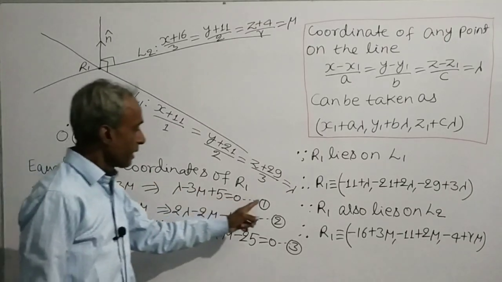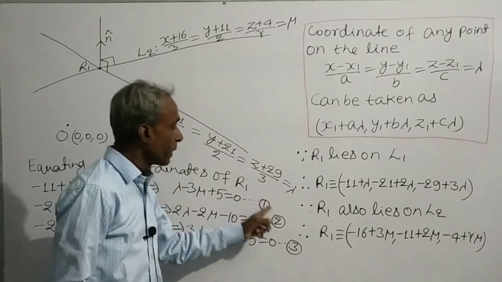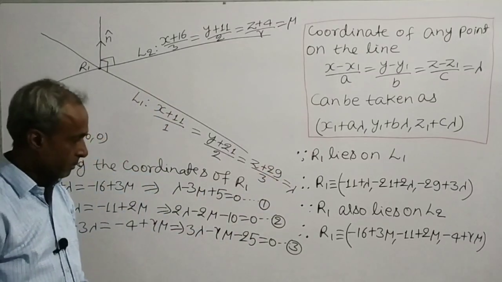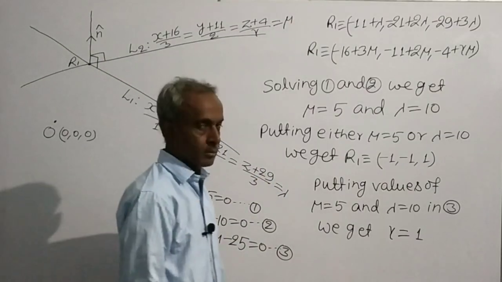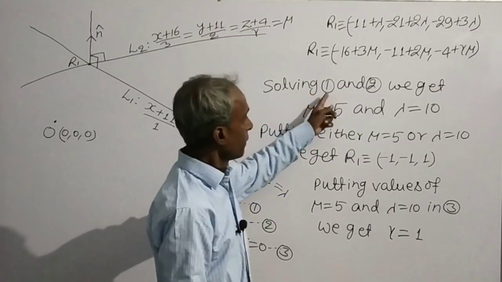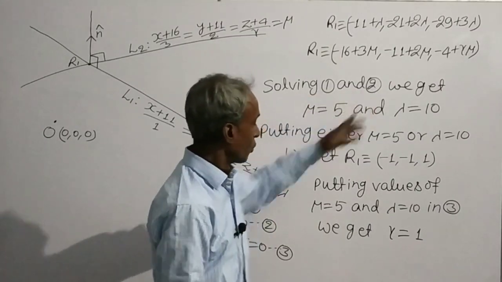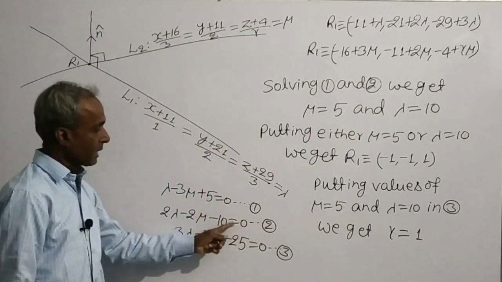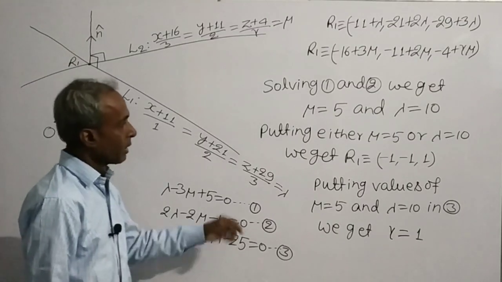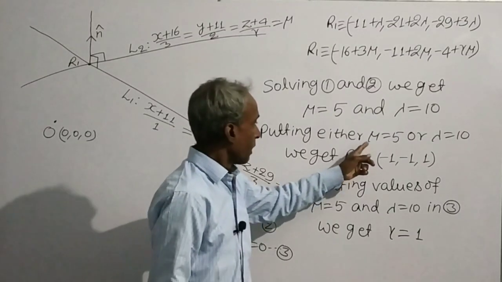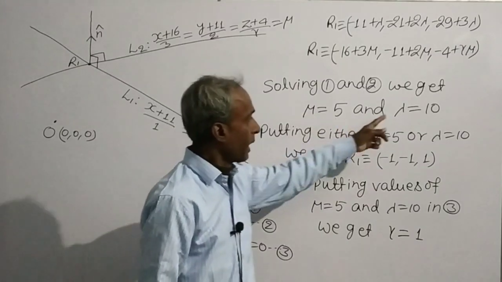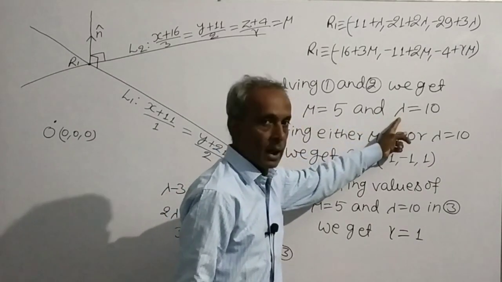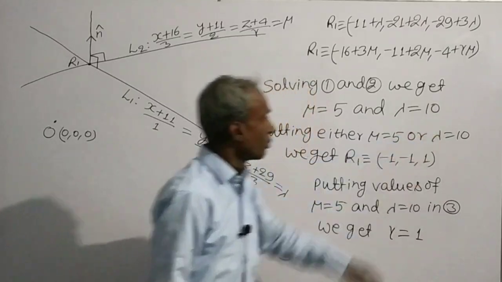Thus we get these three equations. Solving equations 1 and 2, we get the value of mu equal to 5 and the value of lambda equal to 10.